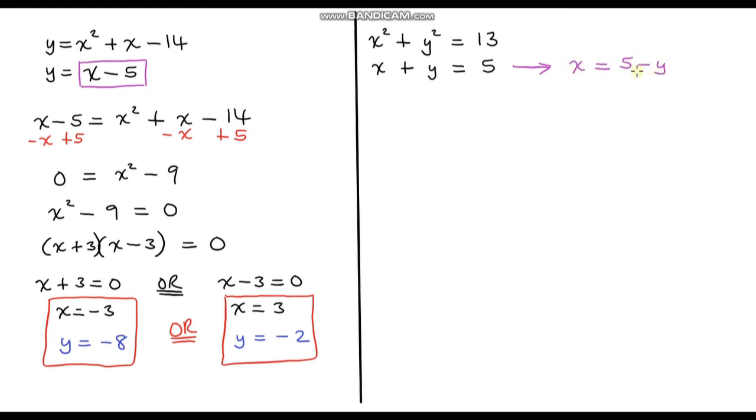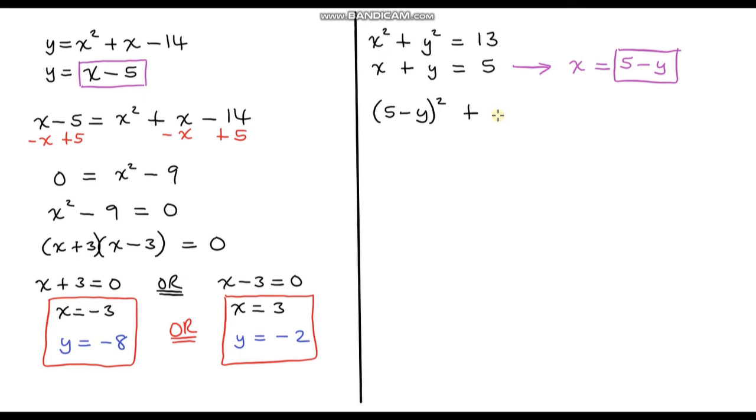So now we have an expression for x. So we can substitute this expression for x into our quadratic equation. So instead of writing x squared, well, I can now write (5 minus y) squared. And I need to make sure I put it in brackets because this whole thing is being squared.